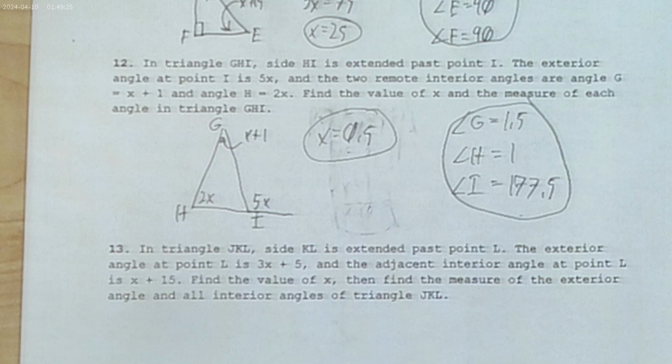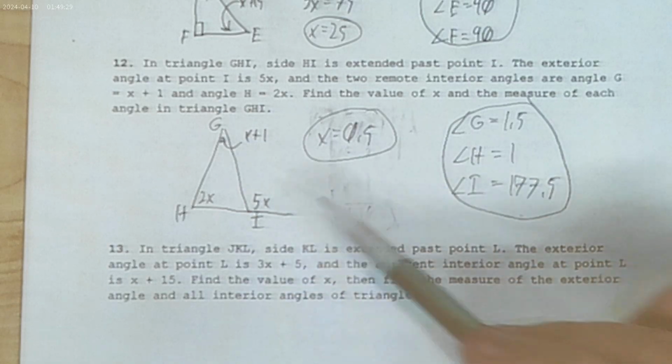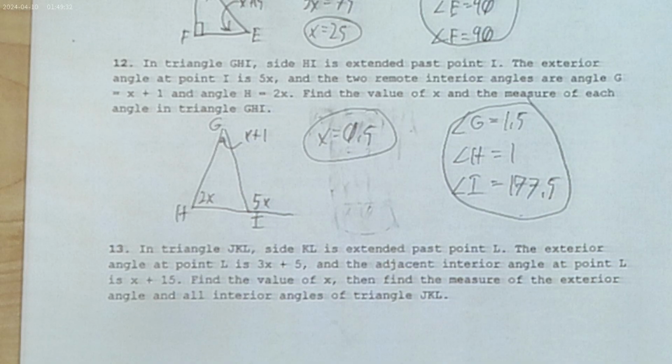And the answer is no. There are no combinations of these angles and this exterior measurement that will give me 180 degrees adding up inside the triangle, except for this one, where x equals 0.5 and I ends up being one of the most obtuse angles I have ever seen. But yeah, this is the process. These are the numbers the process got me. So we're just going to keep going.